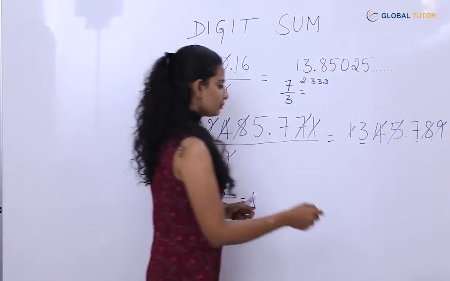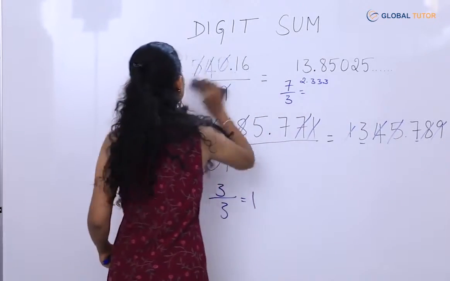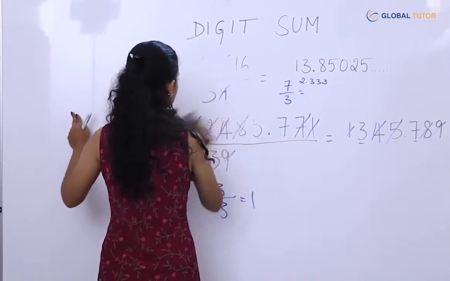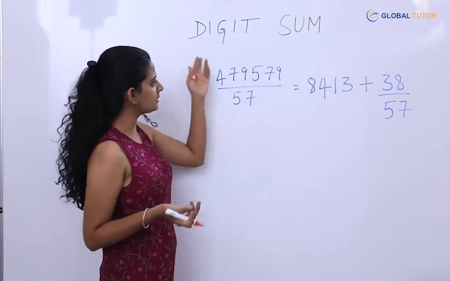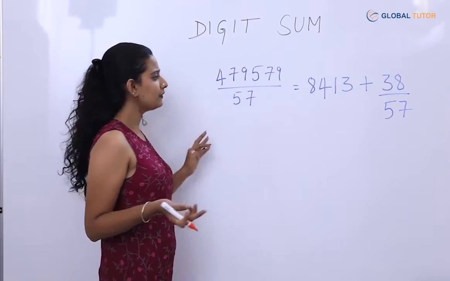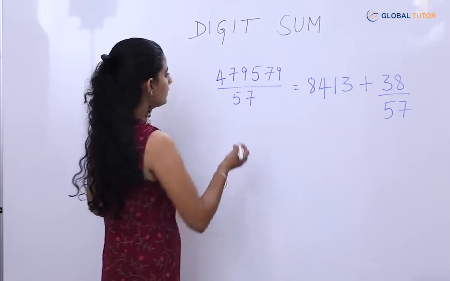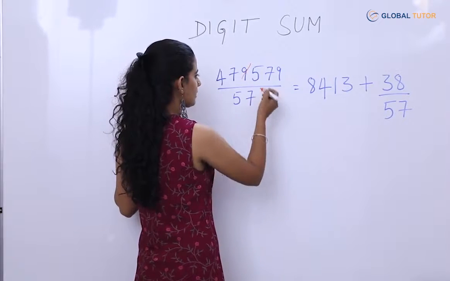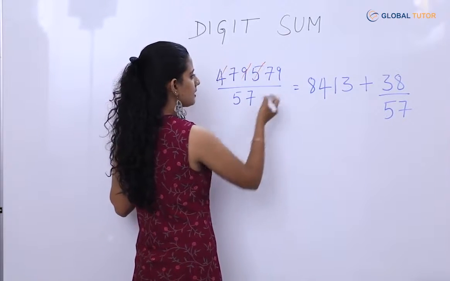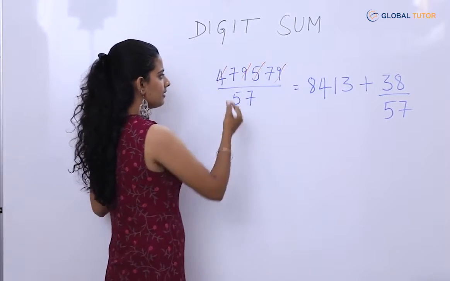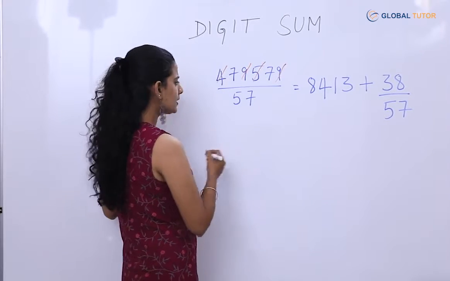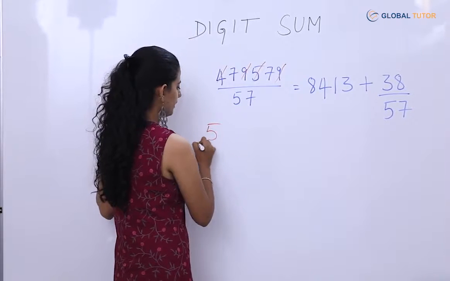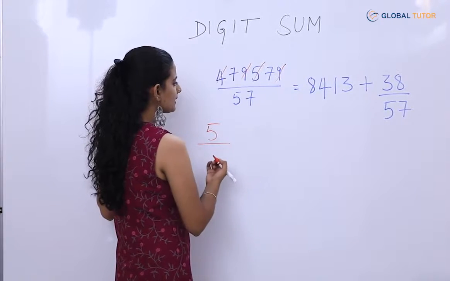Now let us take one more example. Now I have taken this example. Let us apply the digit sum rule here and see if the answer is correct. So here you have 9, discard. 5 plus 4 is 9, discard. Again 9, discard. So you are left with 7 plus 7, which is 14. 1 plus 4 is 5. So write 5 divided by 5 plus 7.